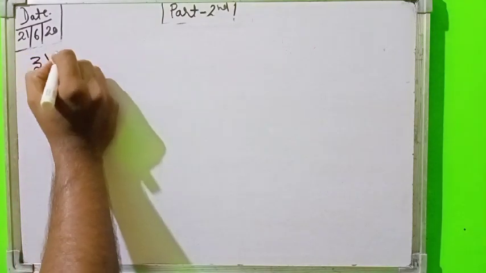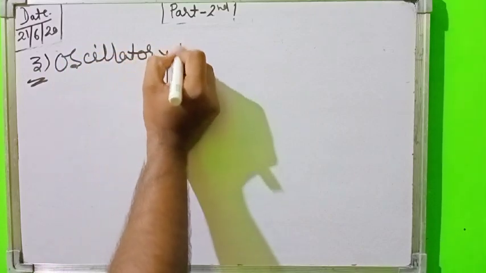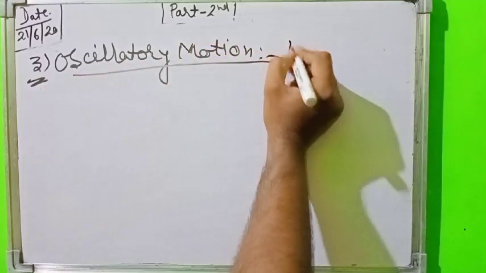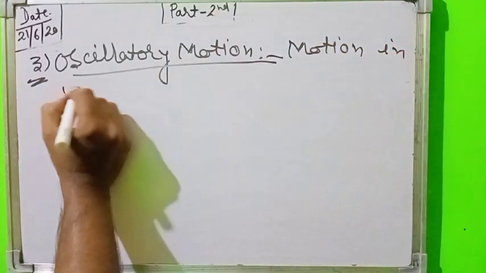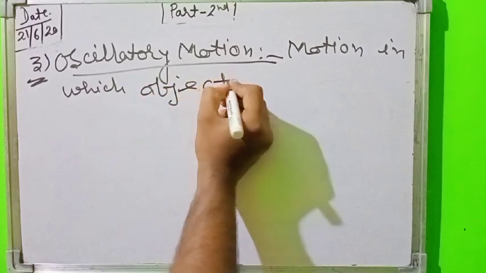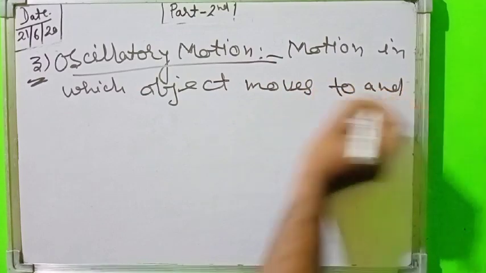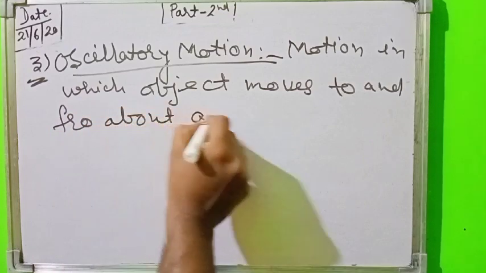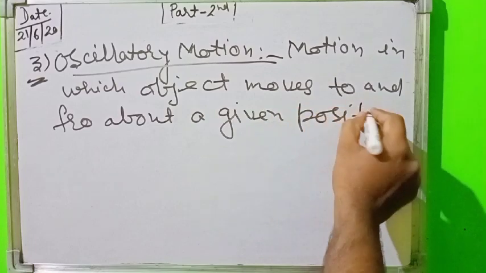Oscillatory motion is the motion in which an object moves to and fro about a given position.